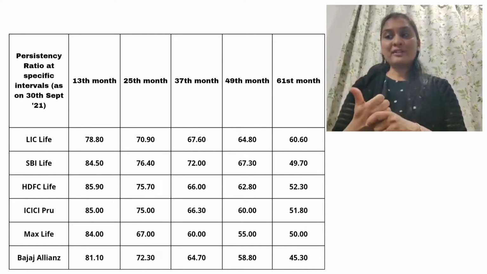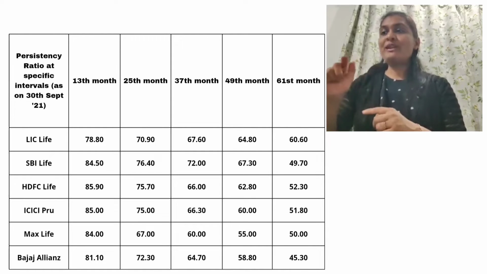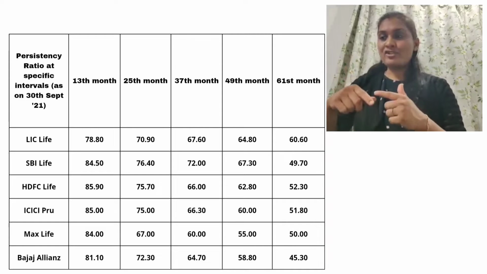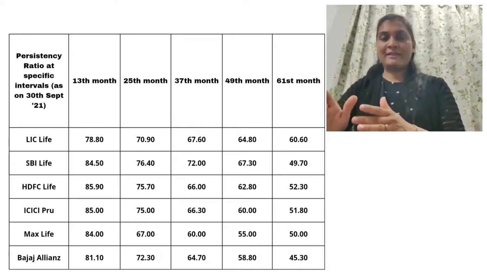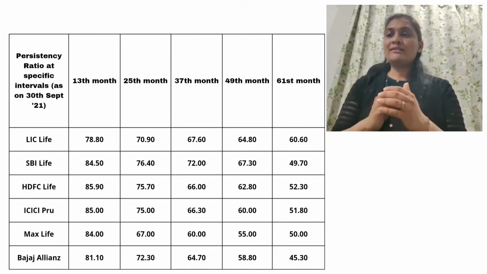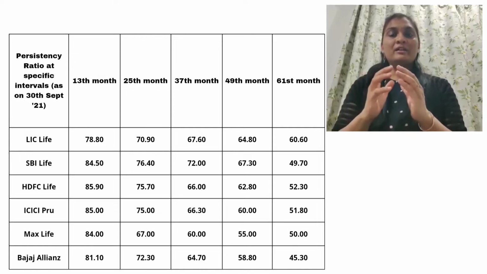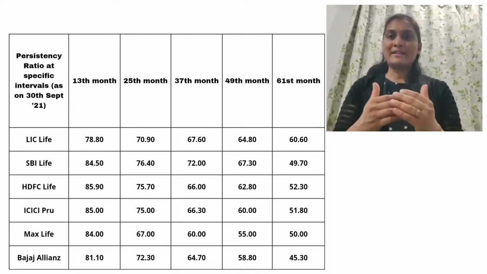And in the 61st month, LIC had the highest persistency ratio, which was 60.6, when compared to other private insurers, where it was around 45 to 50. So a higher persistency ratio indicates a stickier customer base, whereas a lower persistency ratio means more surrenders.